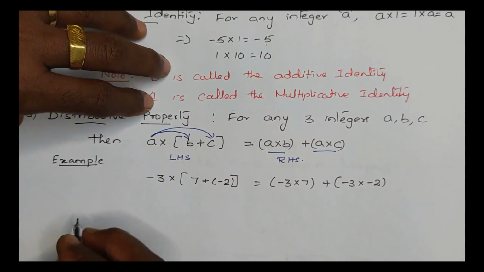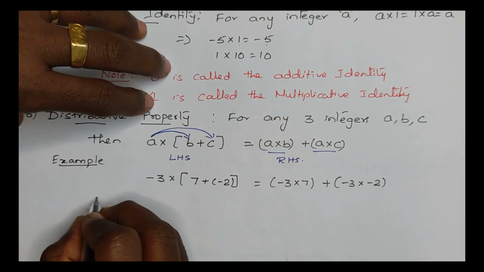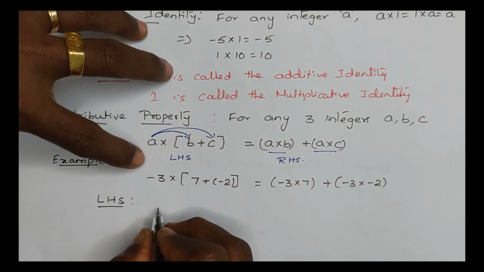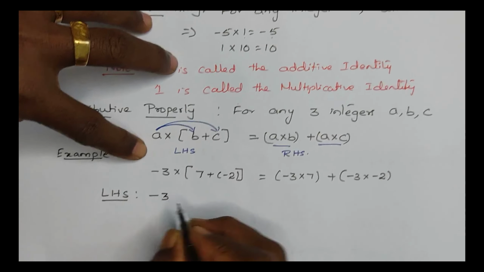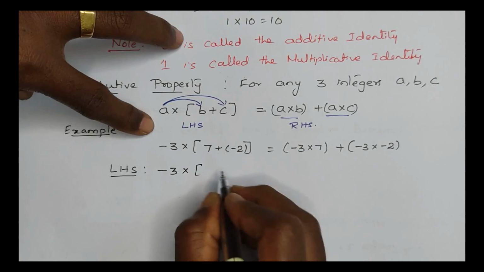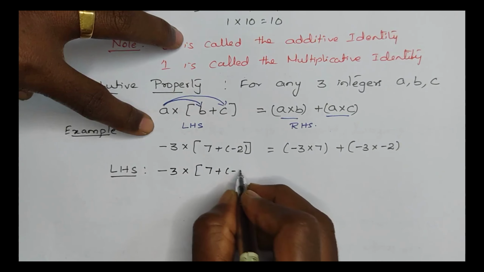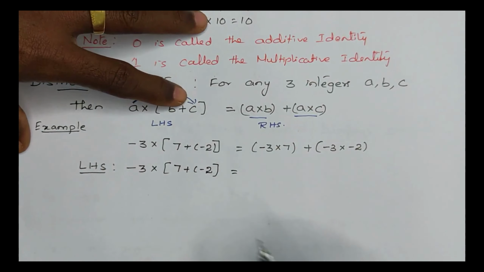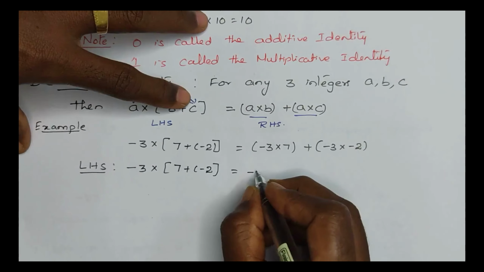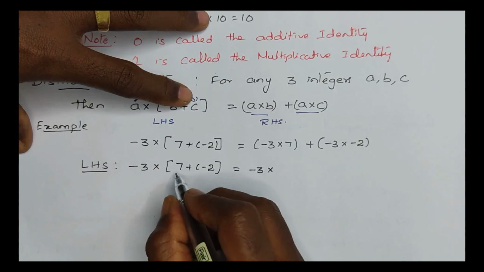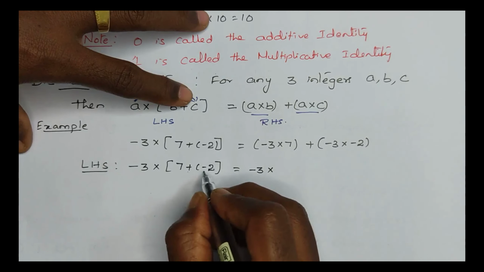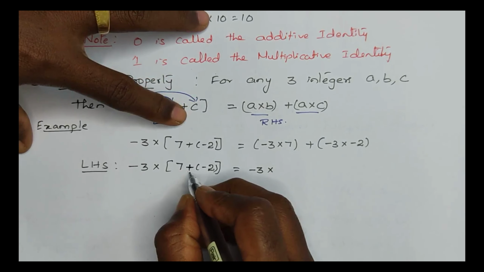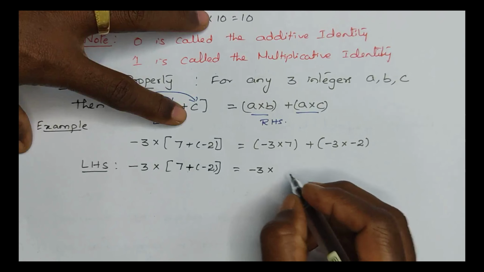Now let us take the LHS part so that it will be easy for us to understand. What is the LHS here? −3 × (7 + (−2)). You have learned the BODMAS rule, you know that what is in the bracket we have to solve first. So 7 + (−2). Here we have two symbols, plus and minus. What does that give?